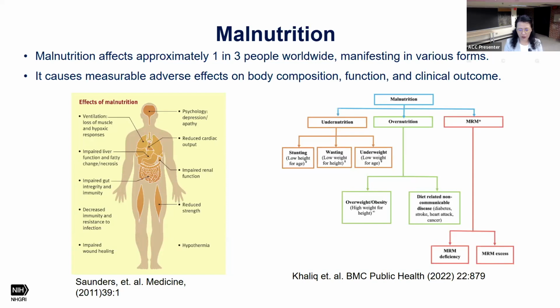Globally, 1 in 3 people suffers from malnutrition, and it causes measurable adverse effects on the whole body system, like the neuron system, immune system, and so on.